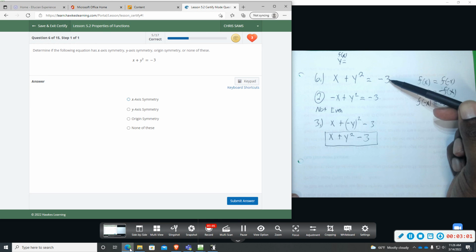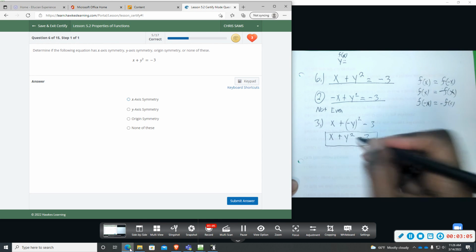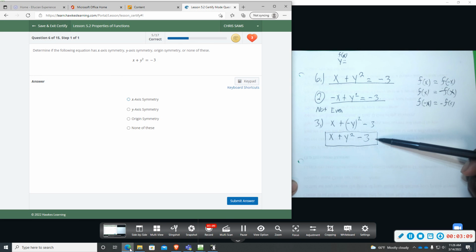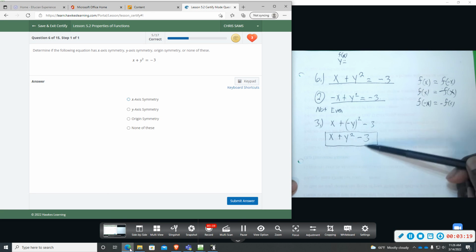Okay. So that's this case. Now I'm comparing these are my functions, and this one. So now I'm comparing my original to my new one. And they are the same. This x, y, exactly the same.